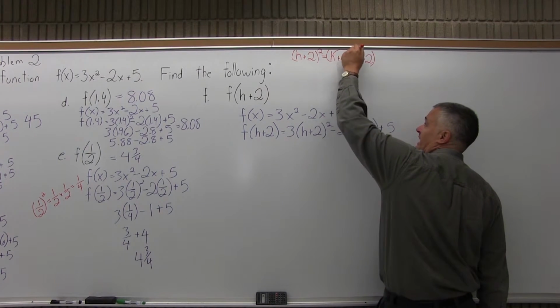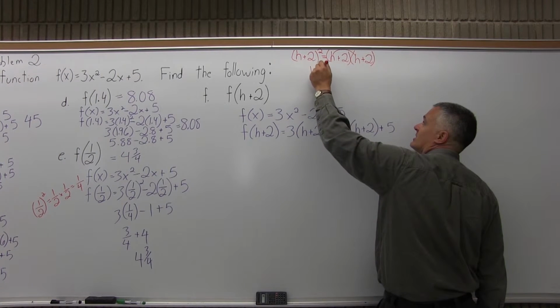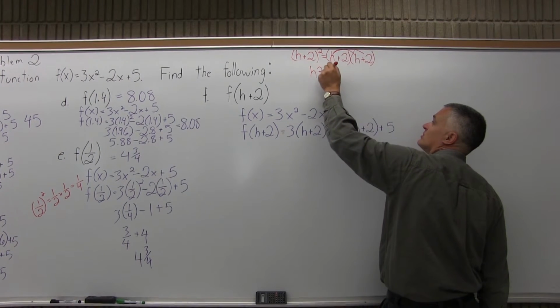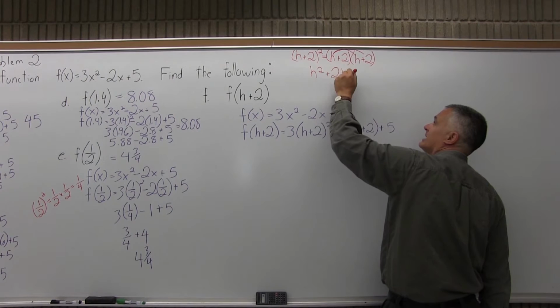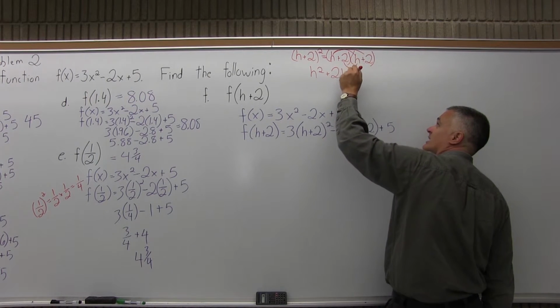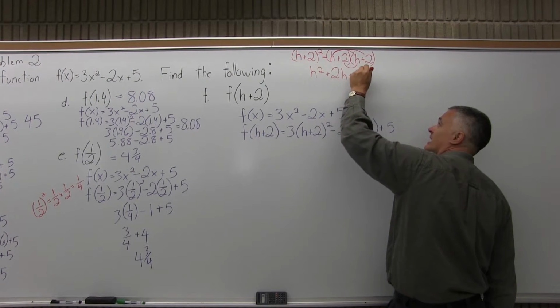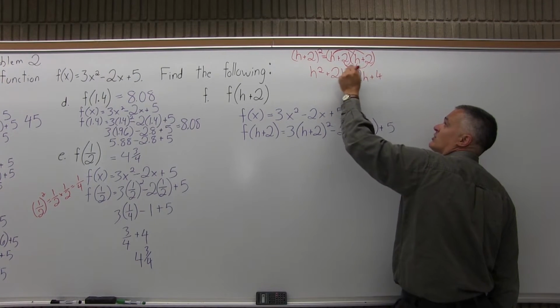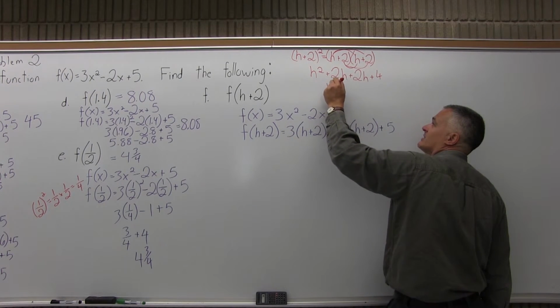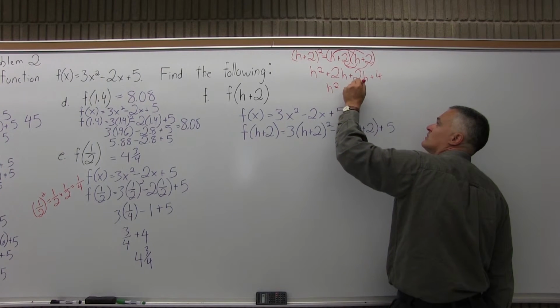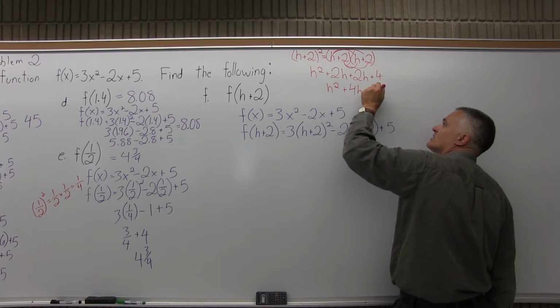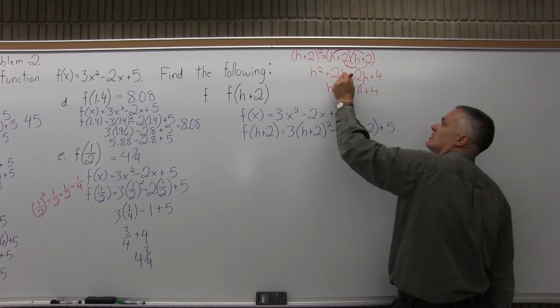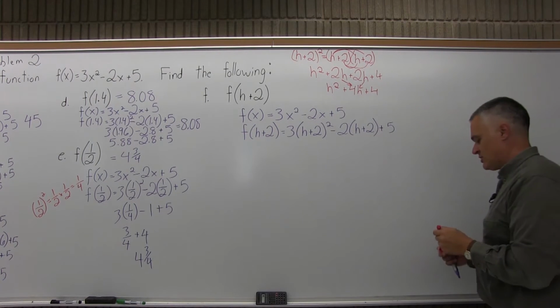So the h times h is h to the second. The h times 2 is plus 2h. Then the next 2 times the other h is another 2h. And then 2 times 2 is 4. And the 2h and 2h can be combined. So I have h squared plus 4h plus 4. The 2h and 2h combined to make a 4h.